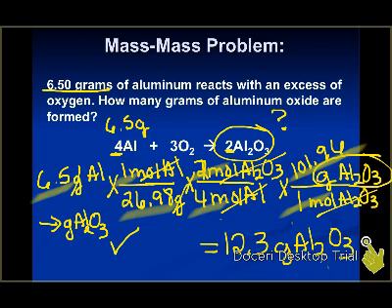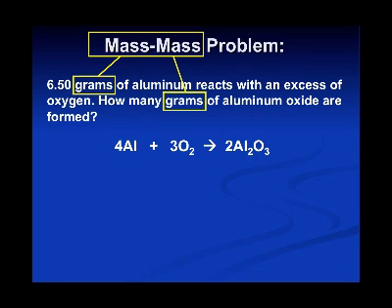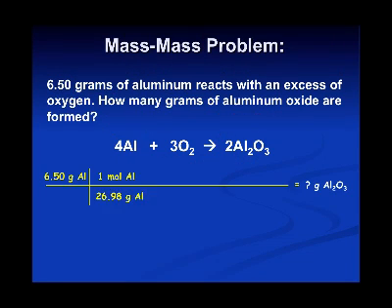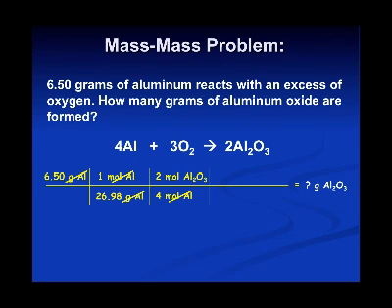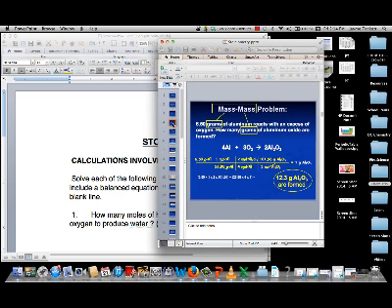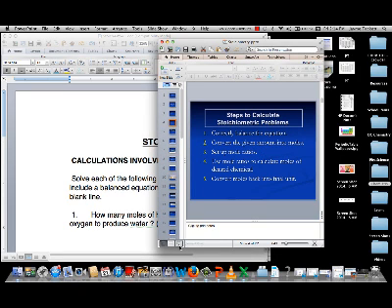Now, I know this is a process, and I know that this is difficult, and there are a lot of steps. So if you get confused, just go back to the slide. There was a slide that talks about the steps to stoichiometry.